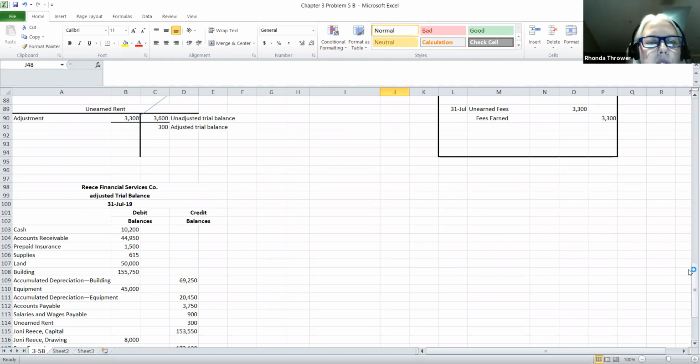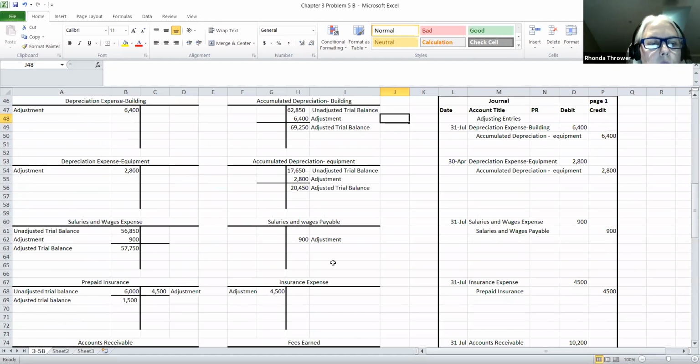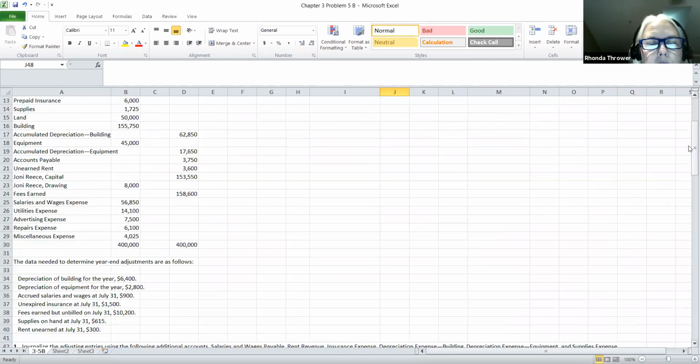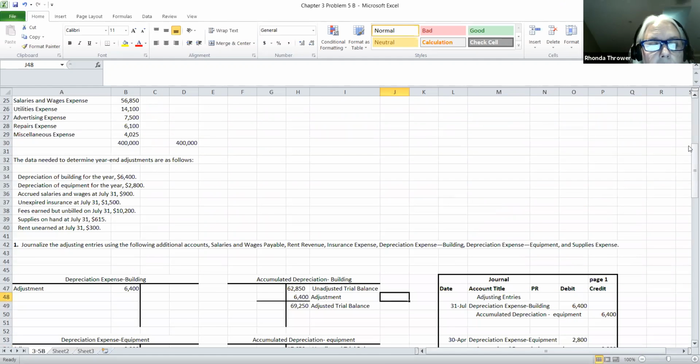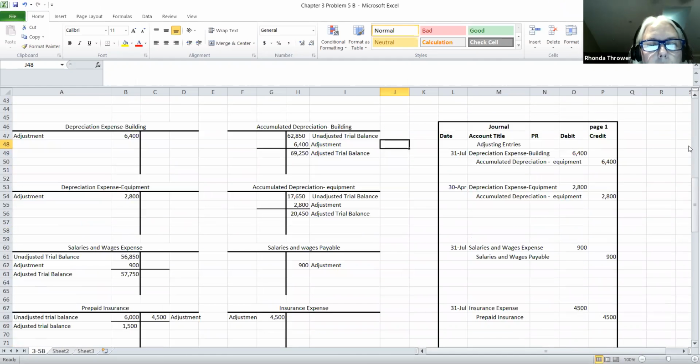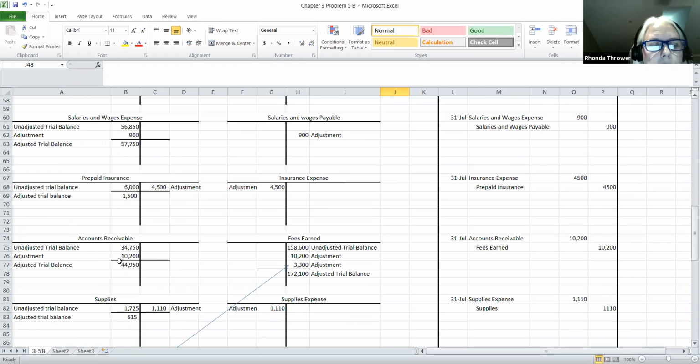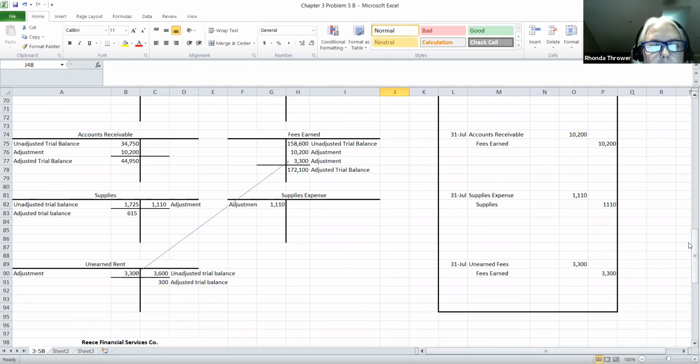Our accounts receivable, we had a beginning balance of this, but remember, we had accrued revenue that affected that accounts receivable. So when we look for our balance in the accounts receivable account, our new balance, our adjusted trial balance amount will be $44,950.